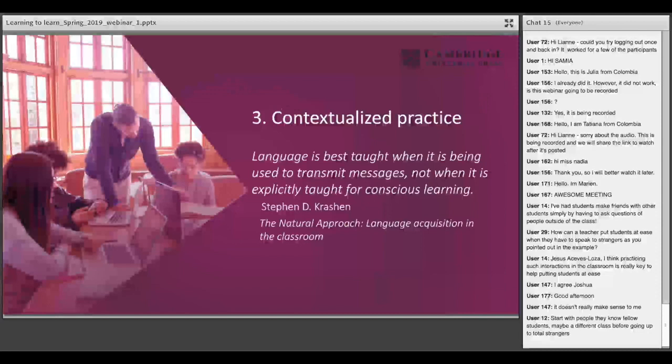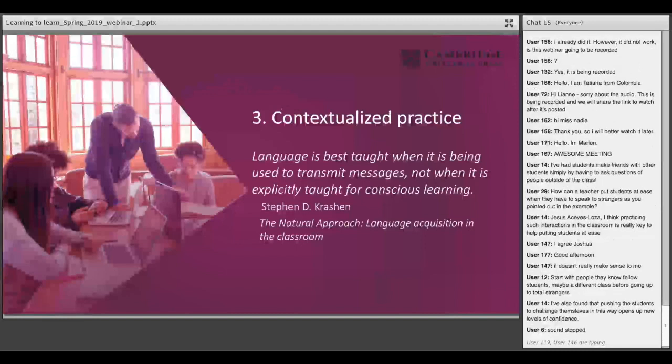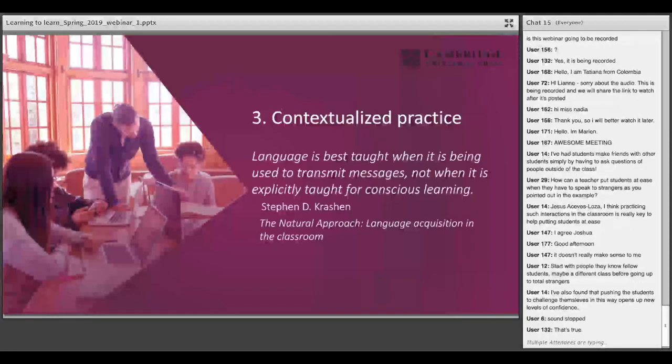So as teachers, as we think about how we help our learners learn, we want to be constantly challenging ourselves to think, what's the best way for us to scaffold this activity so that learners have greater autonomy? And then also, how can we contextualize that practice?